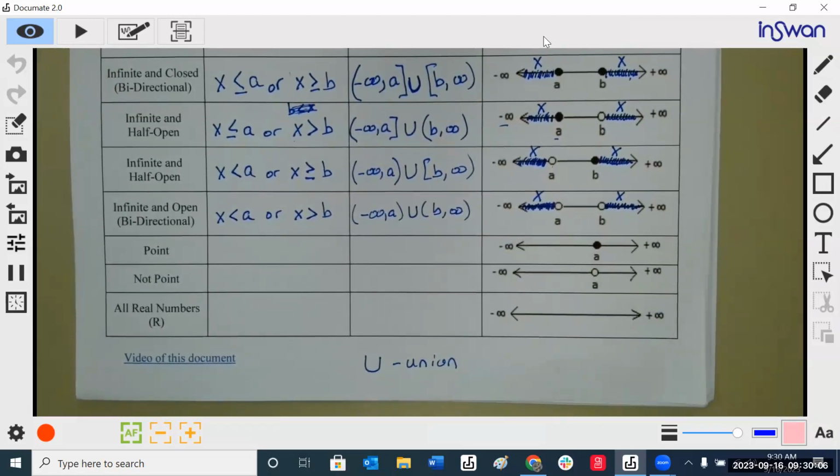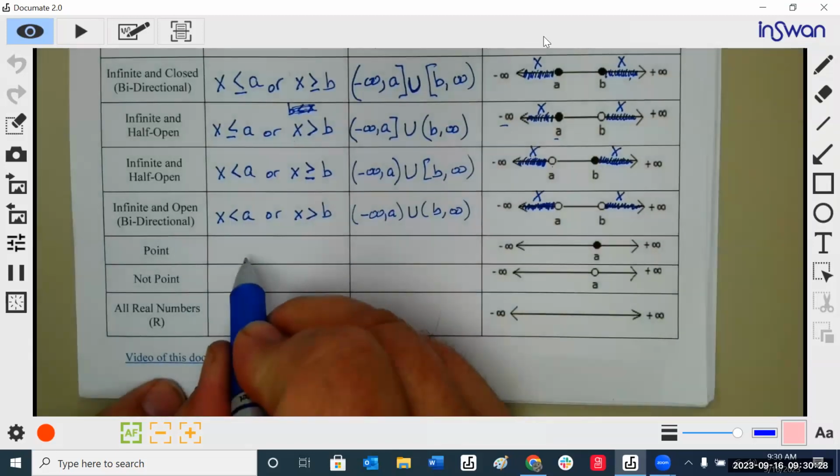The next three are a little bit different, now you have to start thinking about it. For A, it's a solid dot, just A. There's no shaded region. How would I represent that as a set? X is equal to A. Exactly.